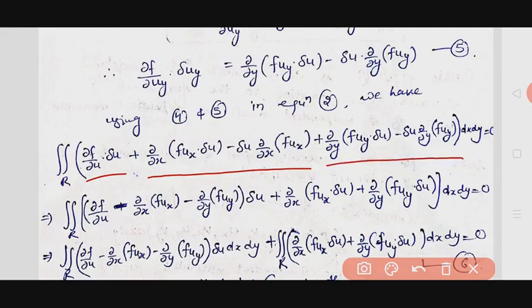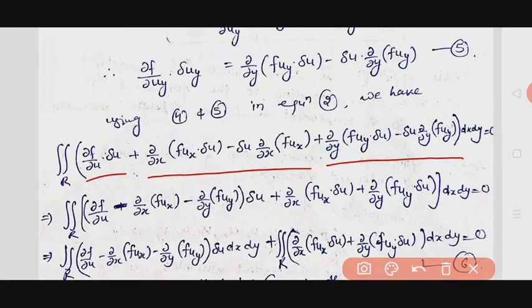Okay, so from here you can see this term, and with this term delta u is present here, and with this term also delta u is present here. Okay, and I can take that value, and we can say, sorry, all the things I have to consider.